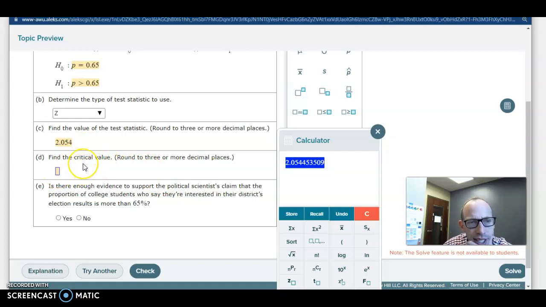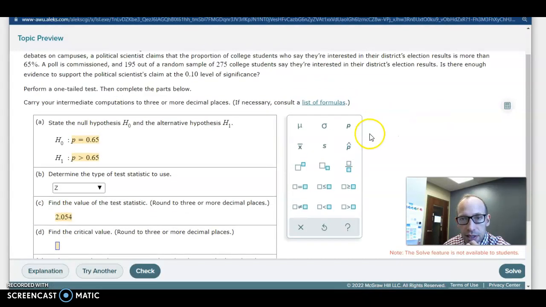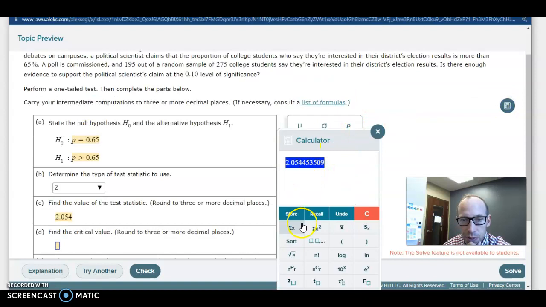Now, is the test statistic far enough? Well, what's our critical value? Remember we said that we want the z-score that would give us 10% to the right. That's exactly what the ALEKS calculator does when we put in 0.10: this will give us the z-score with 10% to the right.